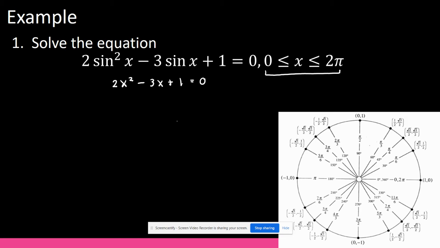All right, so because this does not have a GCF, we are going to have to think about factoring where we're going to start with a 2, and then instead of saying x, I'm going to say 2 sine of x. And we're going to have the second factor be just a sine of x. All right, now we're asking ourselves what multiplies to positive 1 but adds to negative 3.